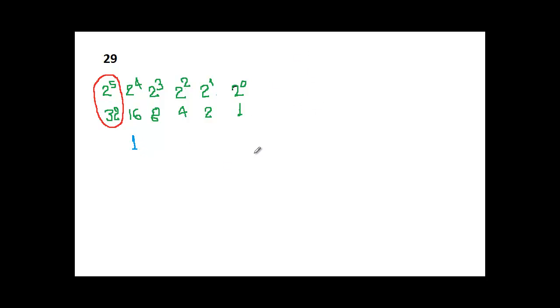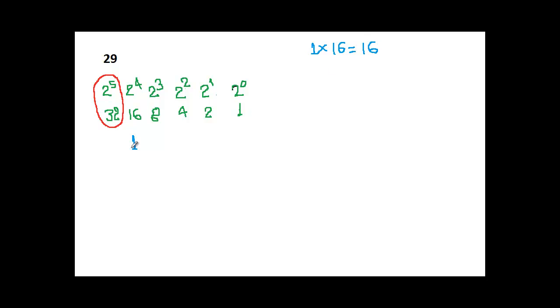I already got 16 in my binary number by placing 1 here. That is 1 multiplied by 2 to the power 4, that is 16, is equal to 16.